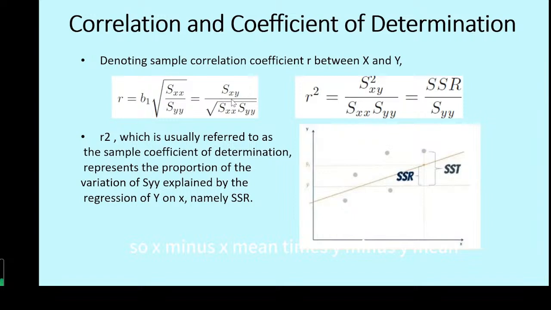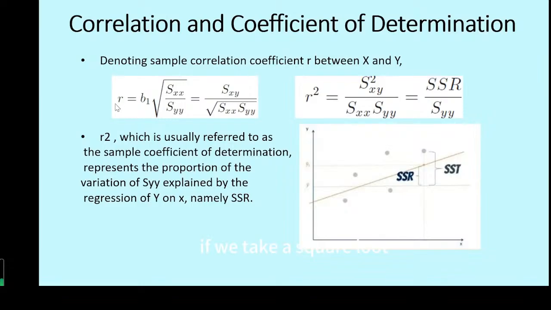So x minus x mean times y minus y mean, then take the sum for all the observations. So this division equals the correlation coefficient, the same as on the previous page. We just changed the alphabet.